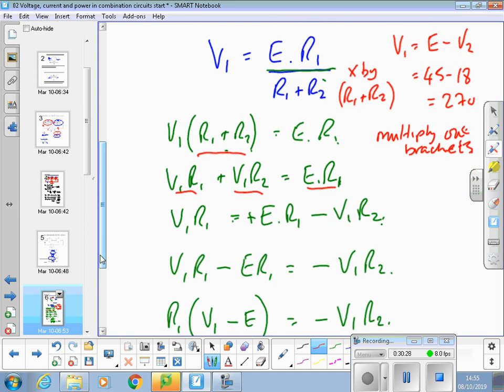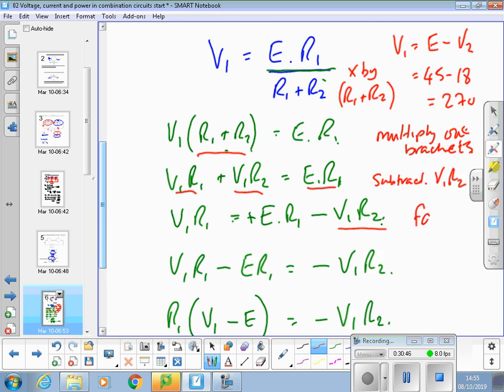Subtract this V1R2 from both sides. So we end up with this. There's the V1R2 subtracted from that side.